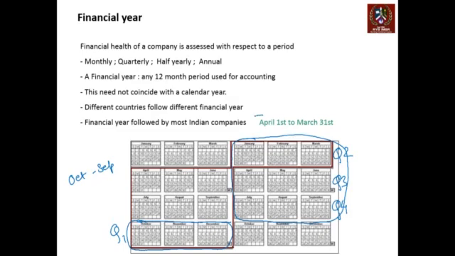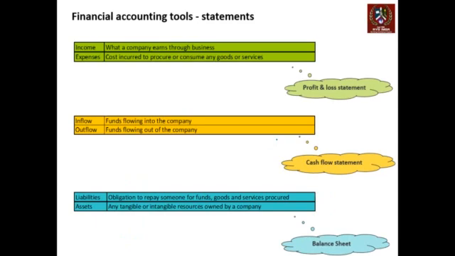For our purpose, most of the time we'll find that in about 90% of the companies we'll see April 1st to March 31st as the financial year as we go along, right? Now let's look at these three financial statements that get created and the respective usage of these three statements. So we have three of them. We have profit and loss account, we have cash flow statement, and we have balance sheet, right?